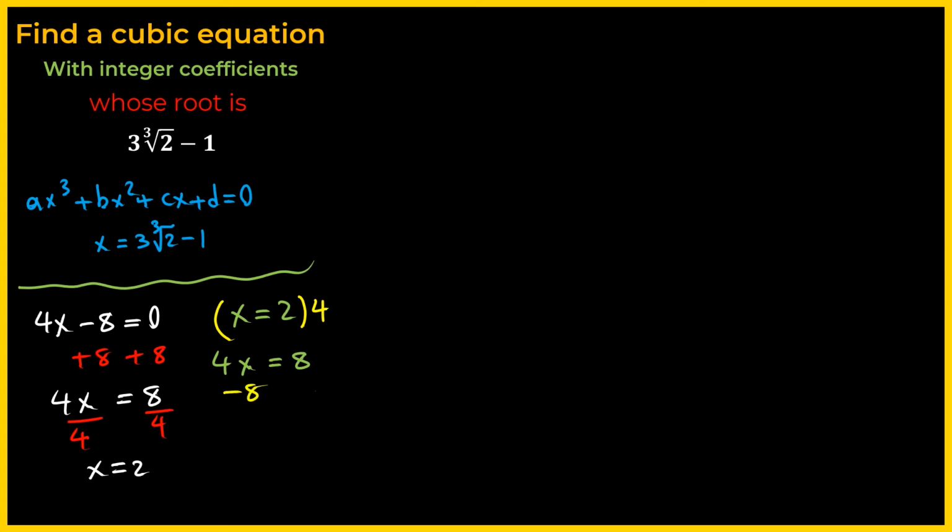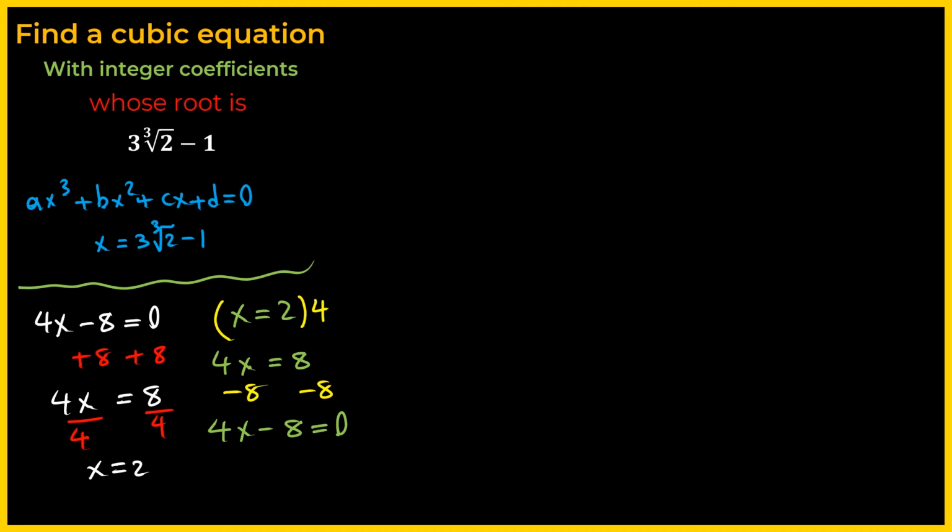Next, we can subtract 8 from both sides, and we get 4x minus 8 equals 0. So this is a corresponding equation for this solution, and of course, there are infinitely many corresponding equations for this solution, but in our case, we just want to find one corresponding cubic equation with integer coefficients, which corresponds to this solution.